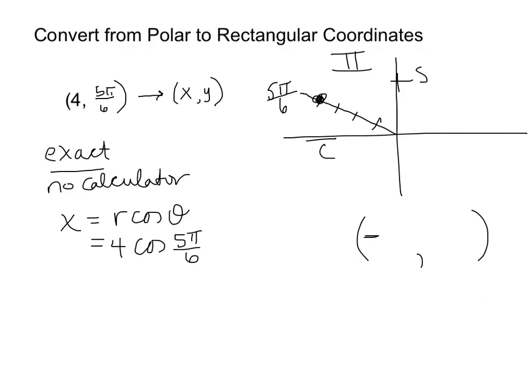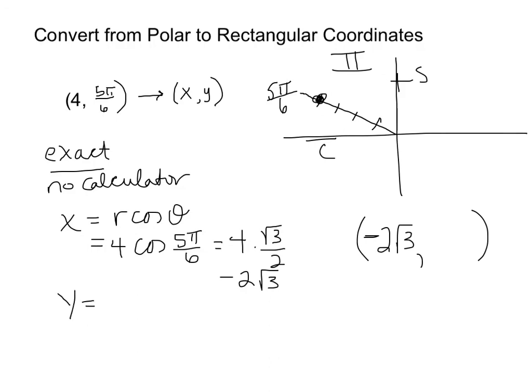So now I'm just going to think first quadrant values. What is the cosine of pi over 6? Well, that's going to be square root of 3 over 2. That reduces, right? A 2 goes into 4 2 times. So I end up with 2 square root of 3, and it's negative.